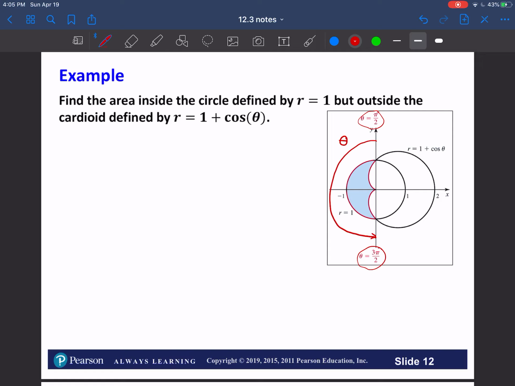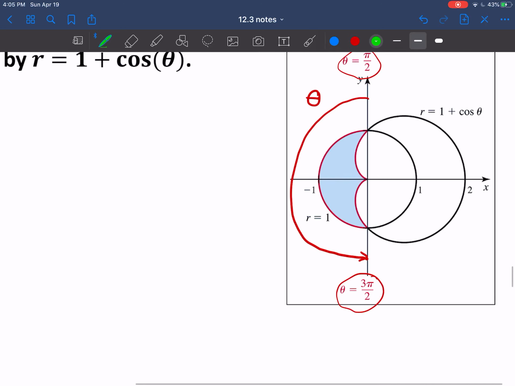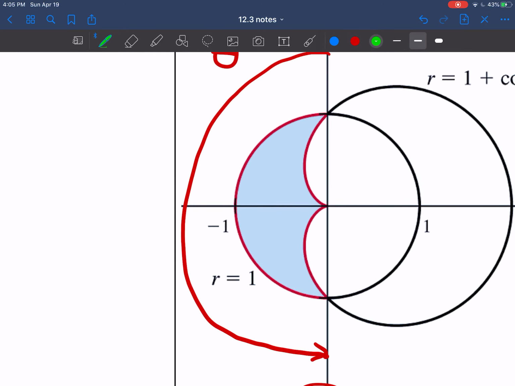And so now we should think about what the inner function and the outer function for this region are. So the inner function is the one that my radial line hits first whenever I draw it through the region. So if I were to draw a line from the origin outward, the first thing that I hit is this guy.